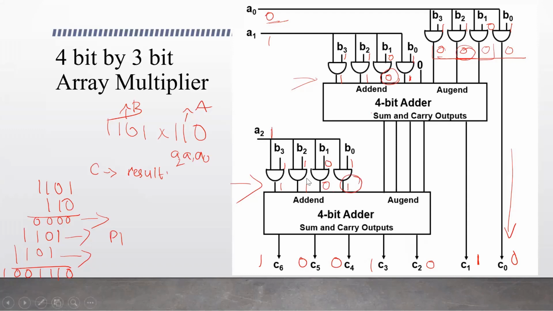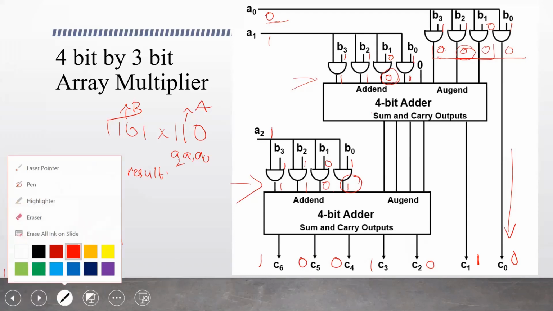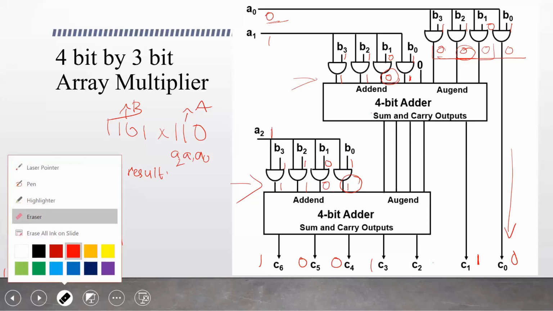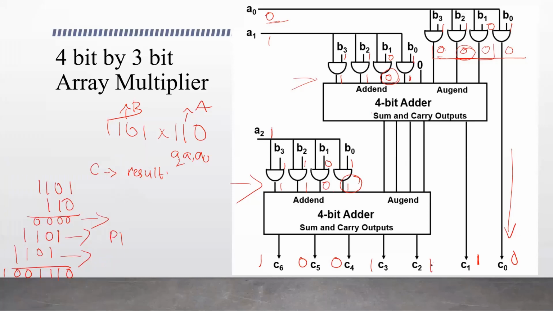So 0 plus 0 plus 1, you will have 1. Then the next would be this 0. 0 plus 1 plus 0 is 1.